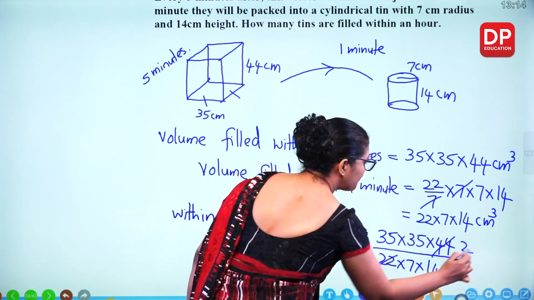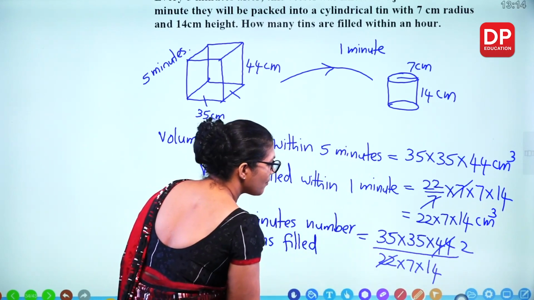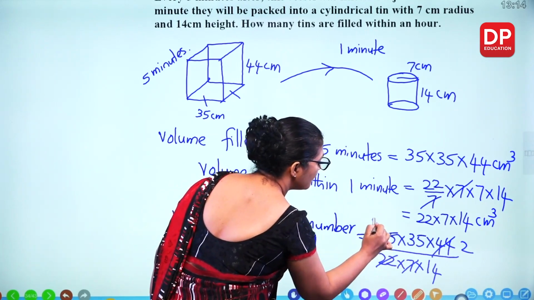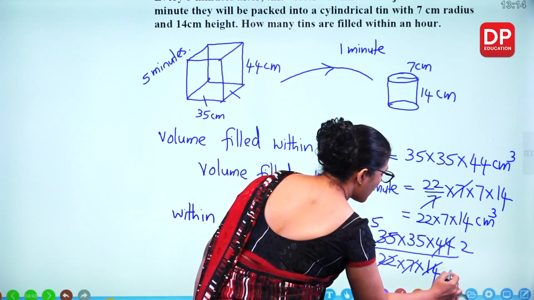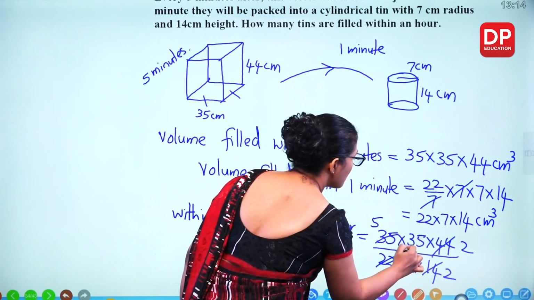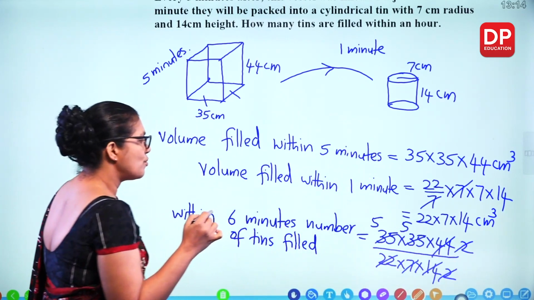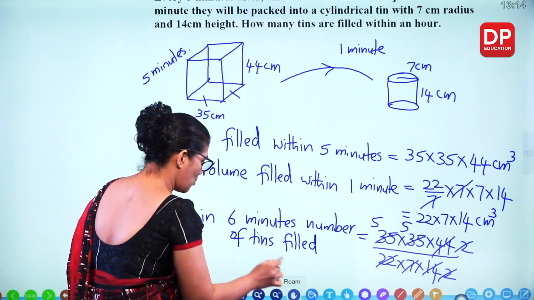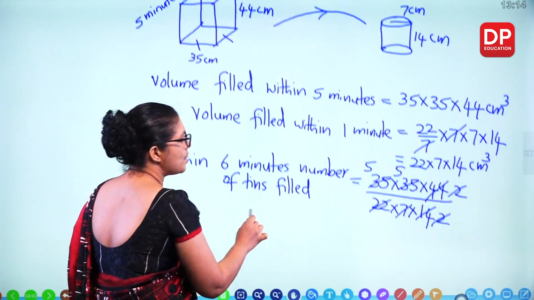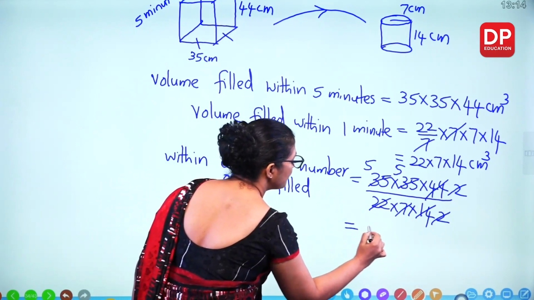This is 2. 7 times 5, 7 times 2, 7 times 5, 2. Those cancel out. You get 25 tins you can fill within 6 minutes.